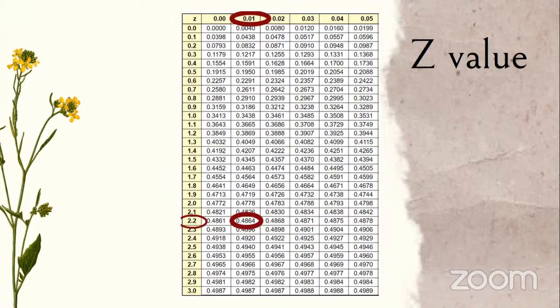In this slide, we see the row 2.2 and the top column 0.01. If we add them, the result will be 2.21. So if we take the same row as 2.2 and column 0.01, the z-value result is 0.4864.